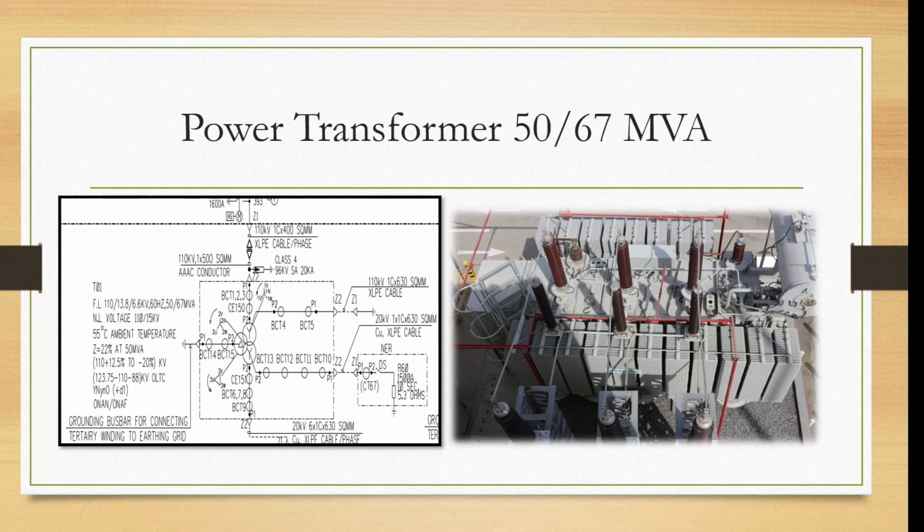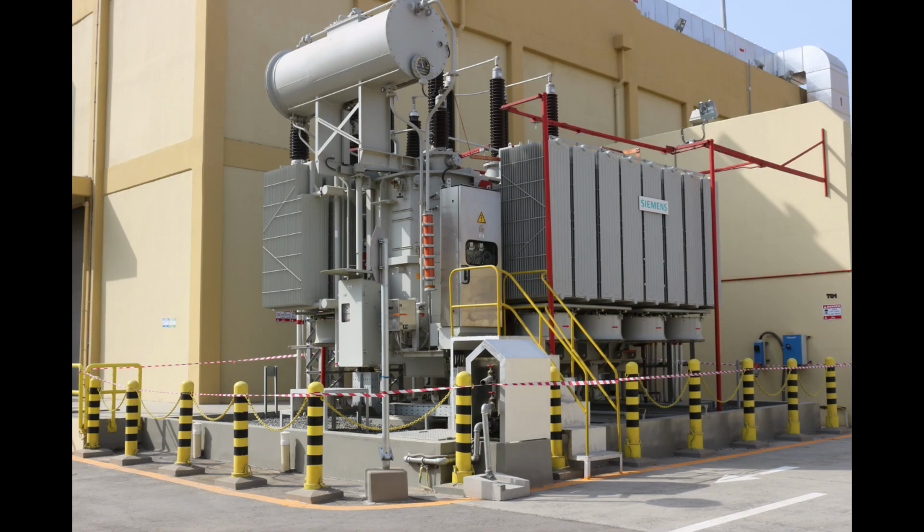So now this transformer is designed and manufactured, and it is the responsibility of the project manager to design the transformer according to the project and technical requirements. After getting approval of this design, the project manager issues the manufacturing of these transformers, and he has to construct the foundation for these transformers from the civil point of view.